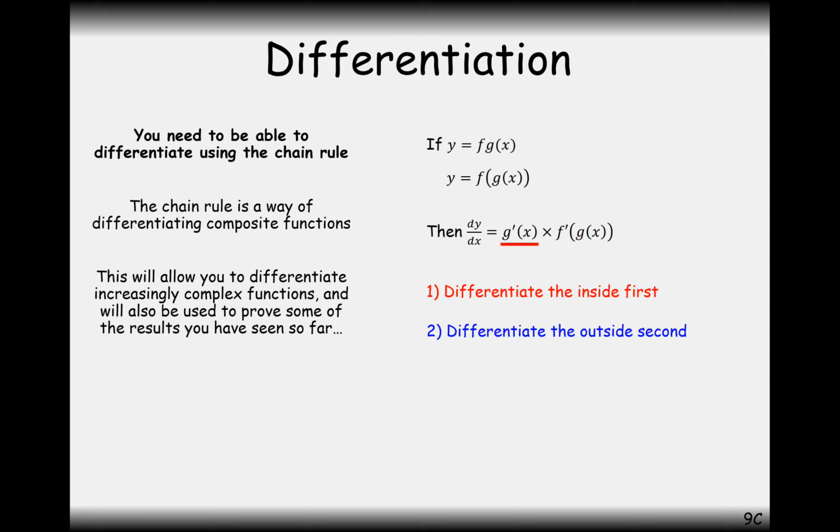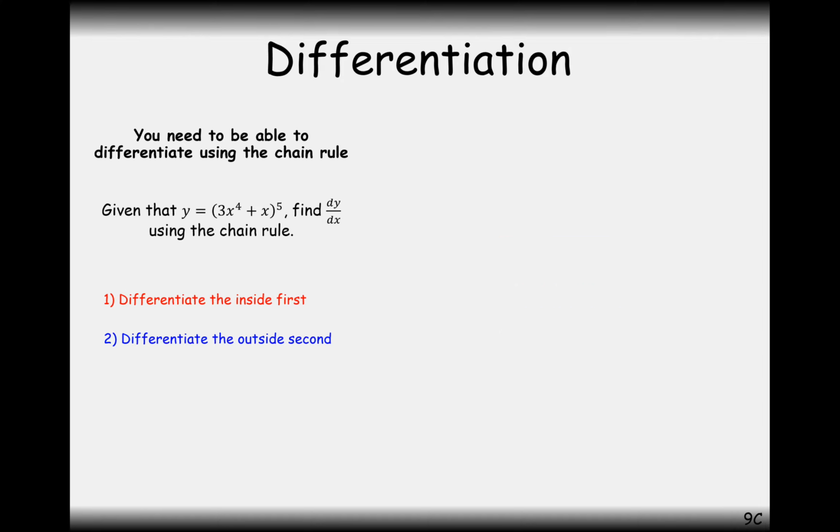You basically differentiate the inside first, then you differentiate the outside second, and multiply the answers together. We're going to see lots of practice at this, so don't worry if it doesn't really make sense at this point. But basically what you're going to remember is differentiate inside first, differentiate outside second.